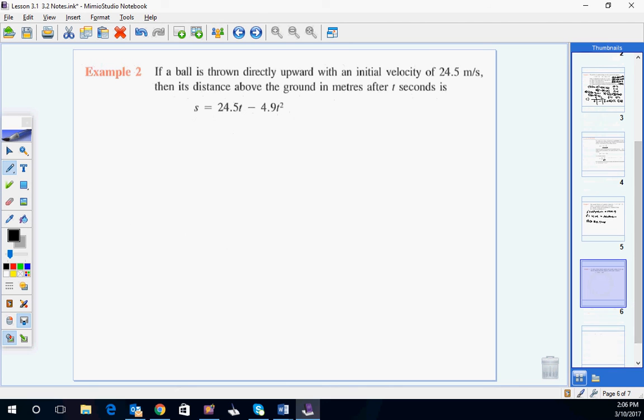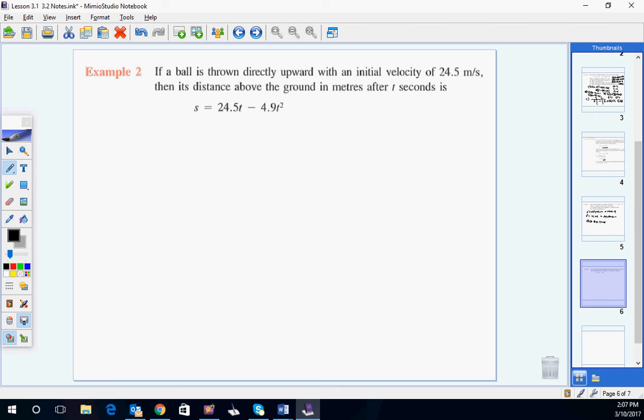All right, so if a ball is thrown directly up with an initial velocity of 24.5 meters a second, then the distance above the ground in meters after t seconds is 24.5t minus 4.9t squared. Okay, so I must have cut off the question. So then we're going to go ahead with this one.